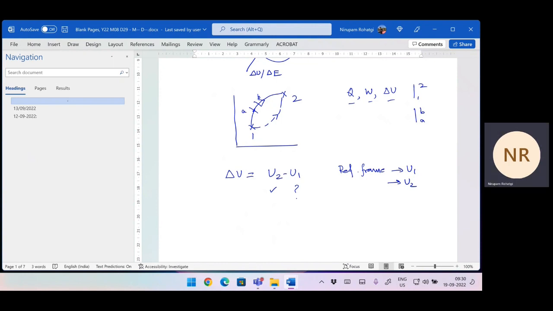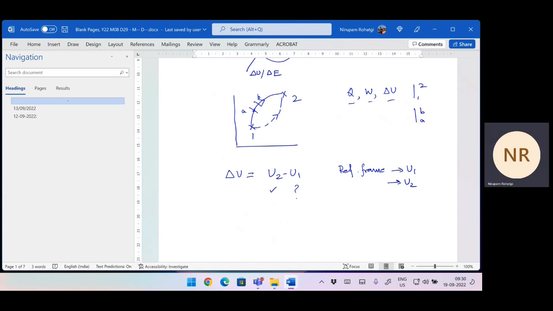So in the ultimate sense, we do not know what is the total or internal energy, the absolute value of the energy. So we fix a reference, start from it, measure the energies, and then we find the change in energy.